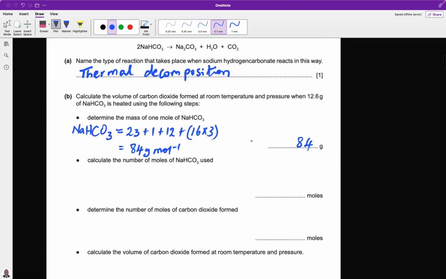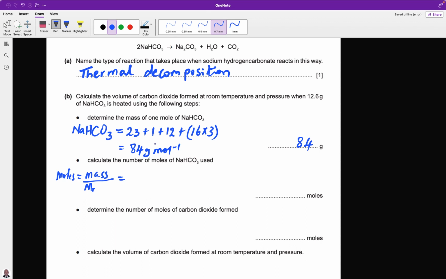The molar mass we got here was 84. So the number of moles will be the mass all over the molar mass.